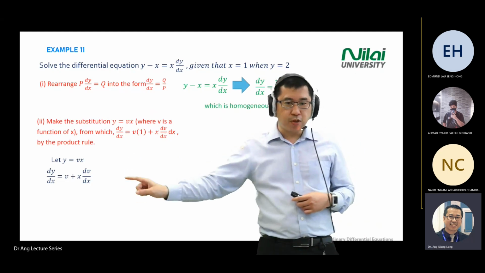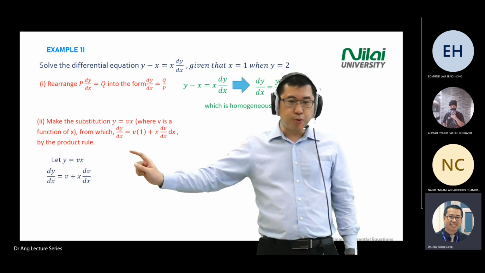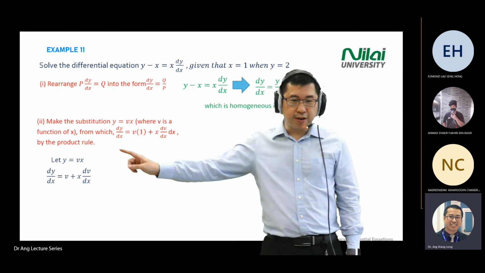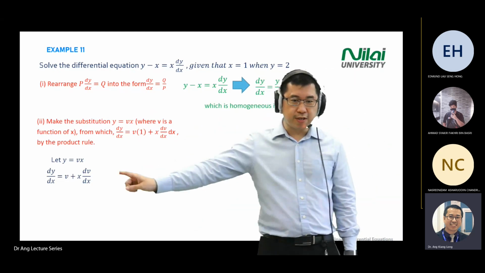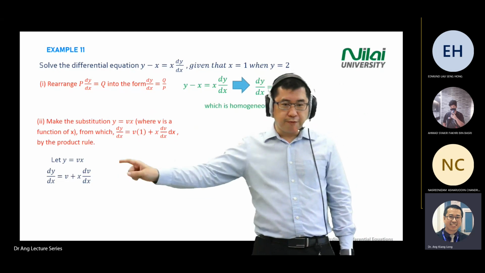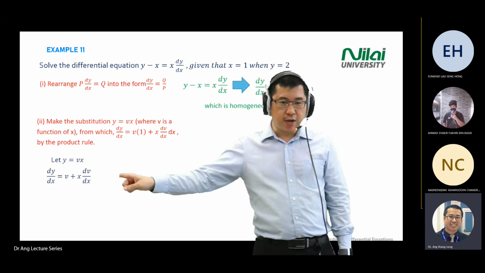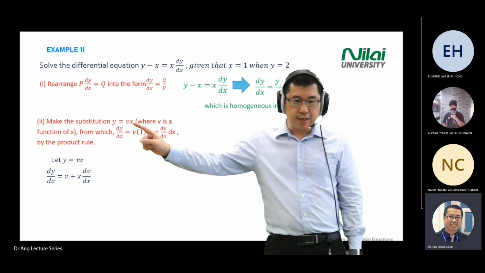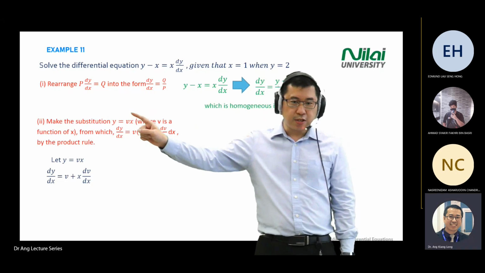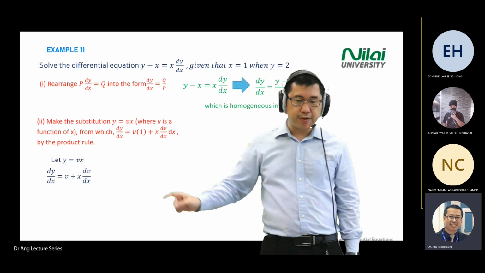The first one is actually the product rule. If you already forgot the product rule, go back to the previous lecture and video and watch again. So for the first term you get v times dx over dx, which is v times 1, because you are using the product rule.